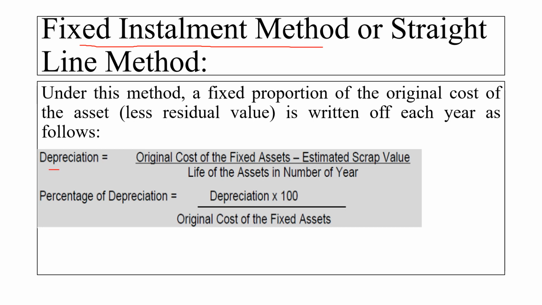Depreciation equals the original cost of the fixed asset minus the estimated scrap value, divided by the life of the asset in number of years. Now how can we find the percentage of depreciation? The formula is depreciation multiplied by 100 divided by the original cost of the fixed asset. Please learn this formula by heart.